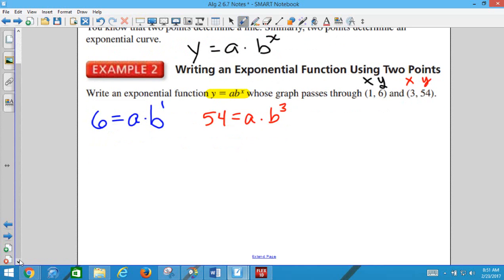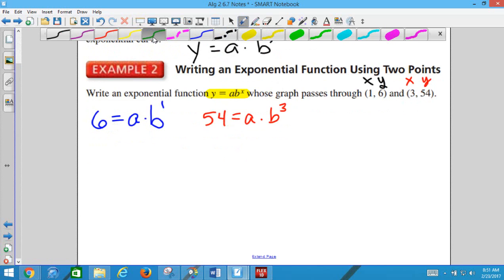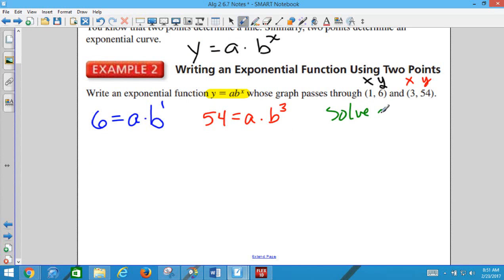Anytime that you have 2 equations with 2 variables, you solve a system of equations. And you have different ways you could do that.